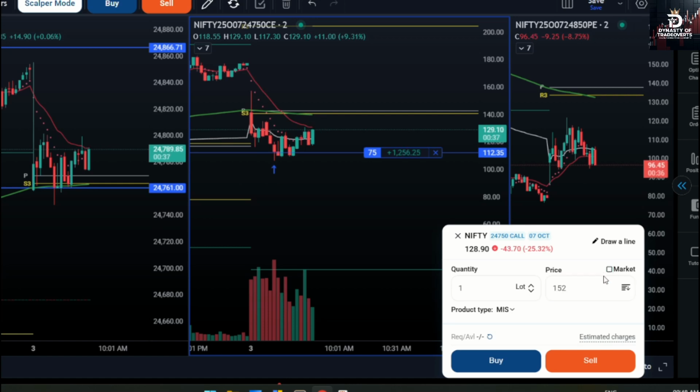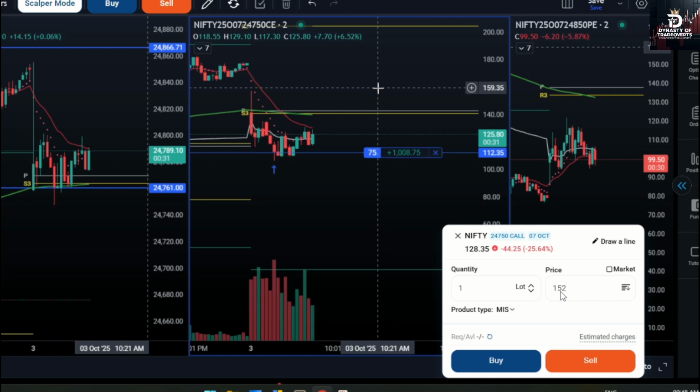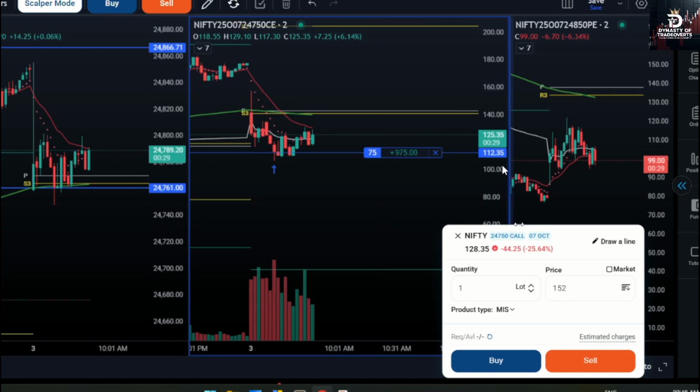But like I said, today I want to capture a big move, so I'm trying to capture 40 points. My entry was at 112 and I'm trying to keep the exit price around 152. But you can see I'm not even sure if I can capture 40 points, so I haven't placed that limit order yet.